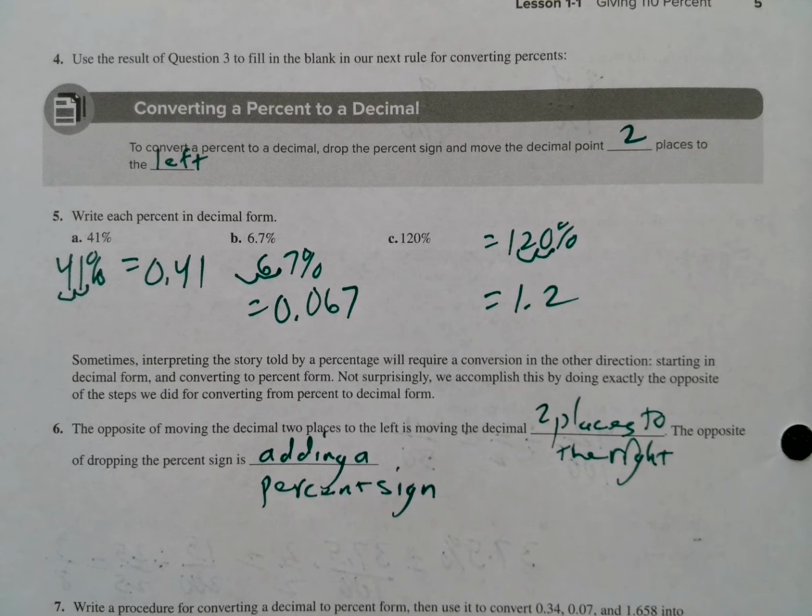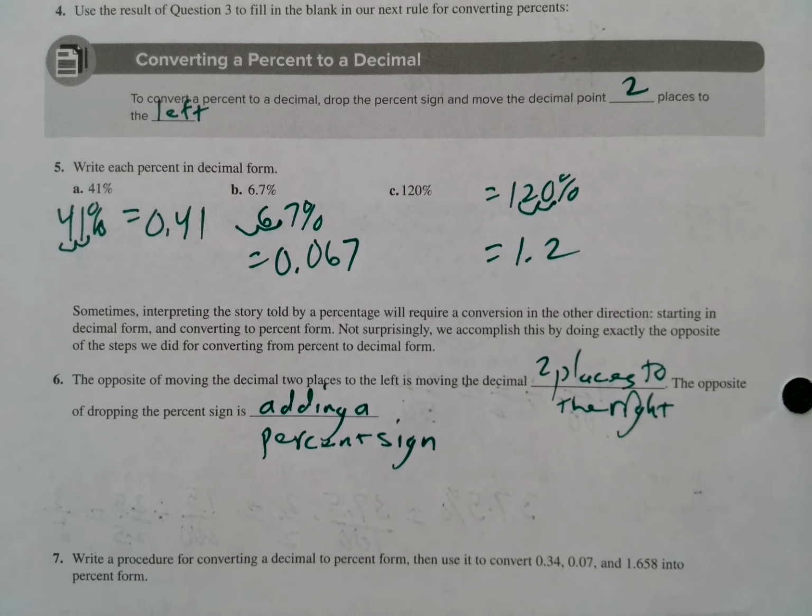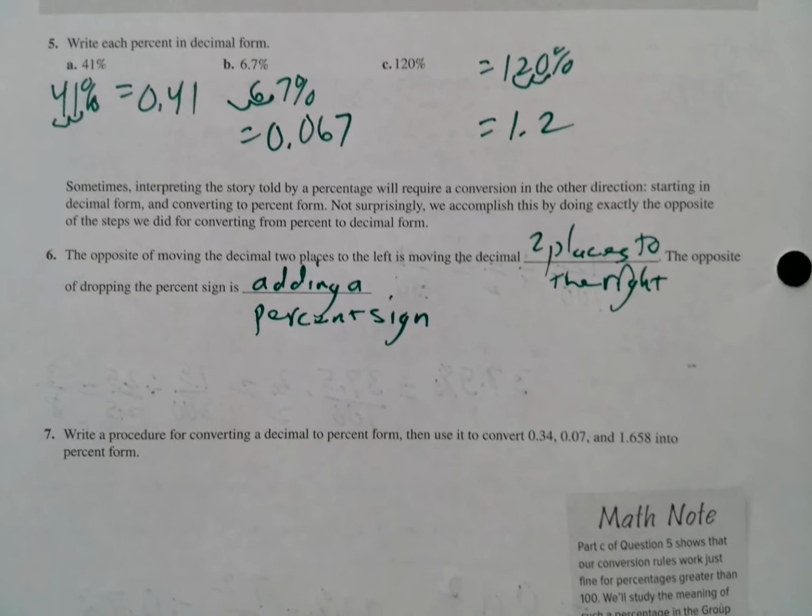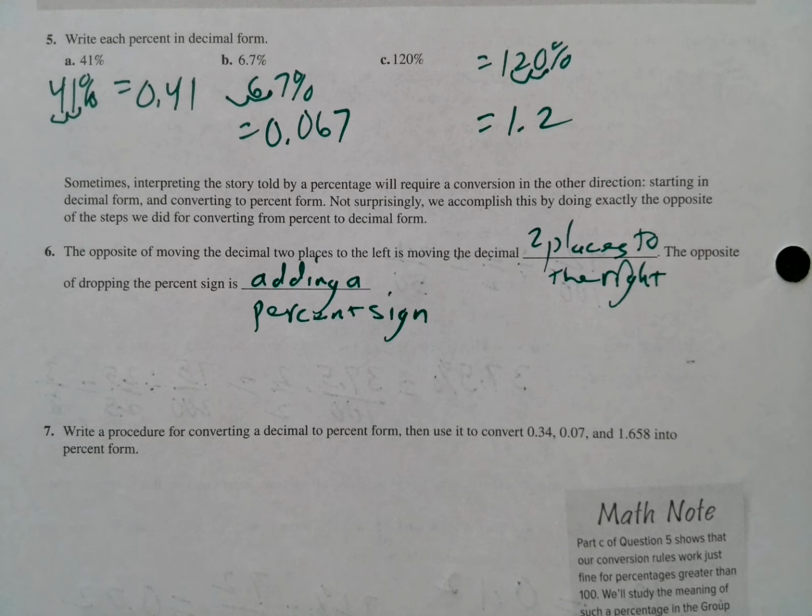Now, we are going to practice this a little later, but let's take a look at number 7. It says, write a procedure for converting a decimal to percent form, then use it to convert 0.34, 0.7, and 1.658 into percent form.